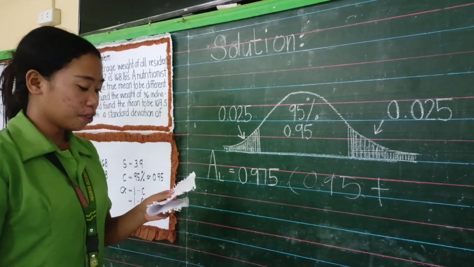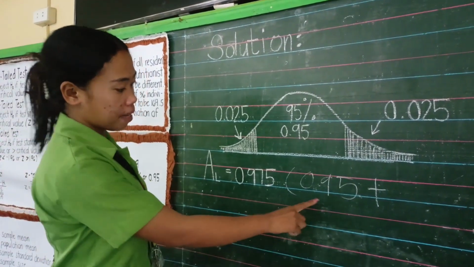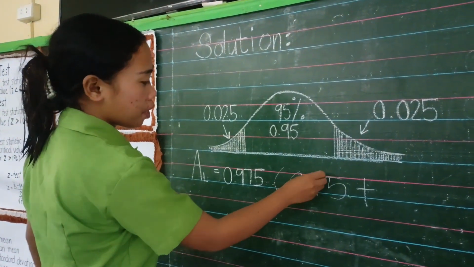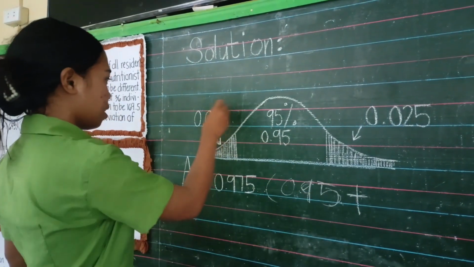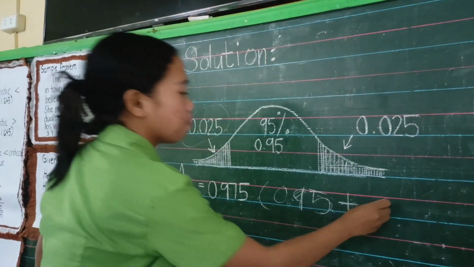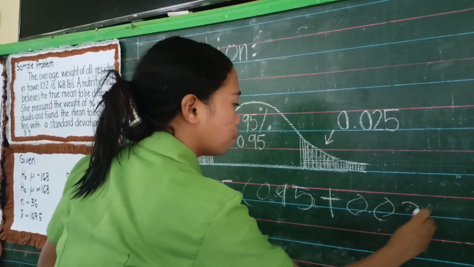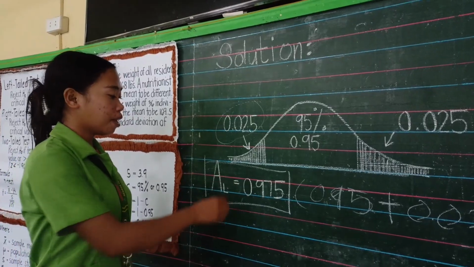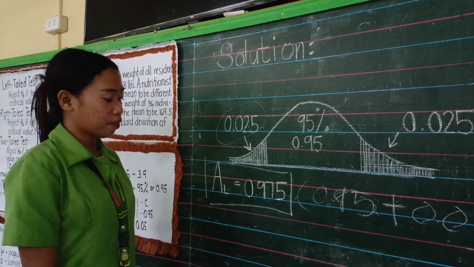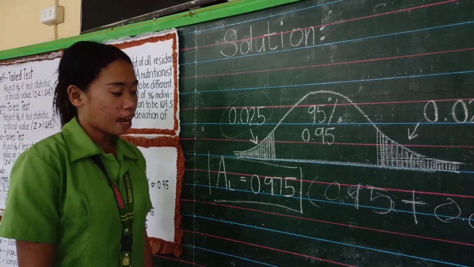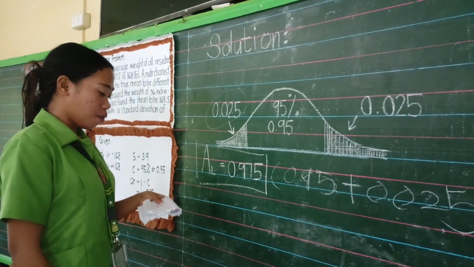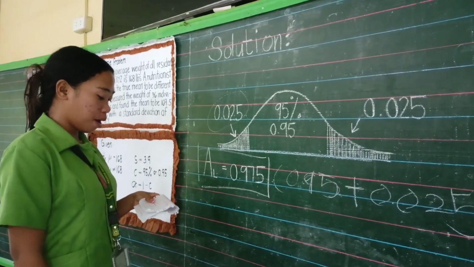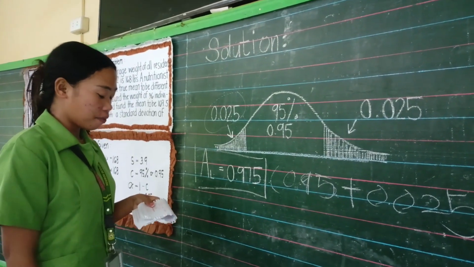For the cumulative area from the left, we add 0.95 and 0.025, so the total cumulative area is 0.975, with a z-value of 1.96 from the table.